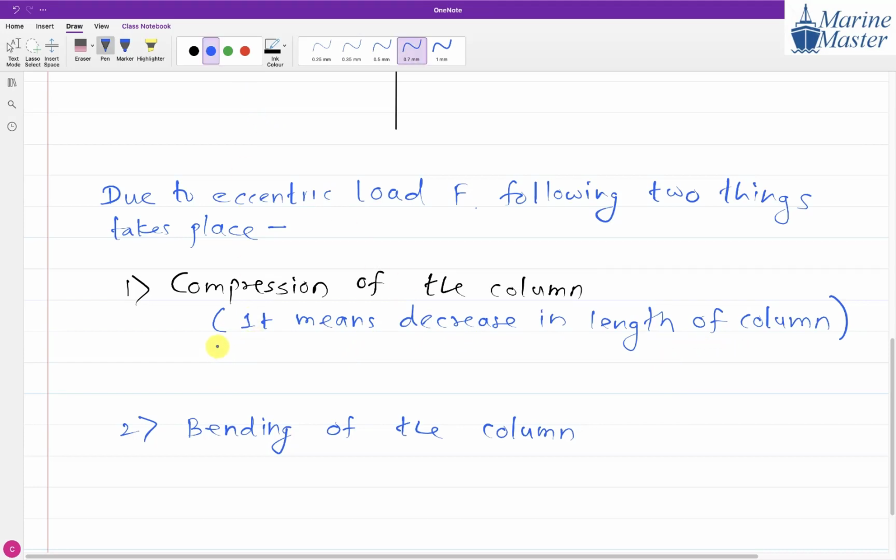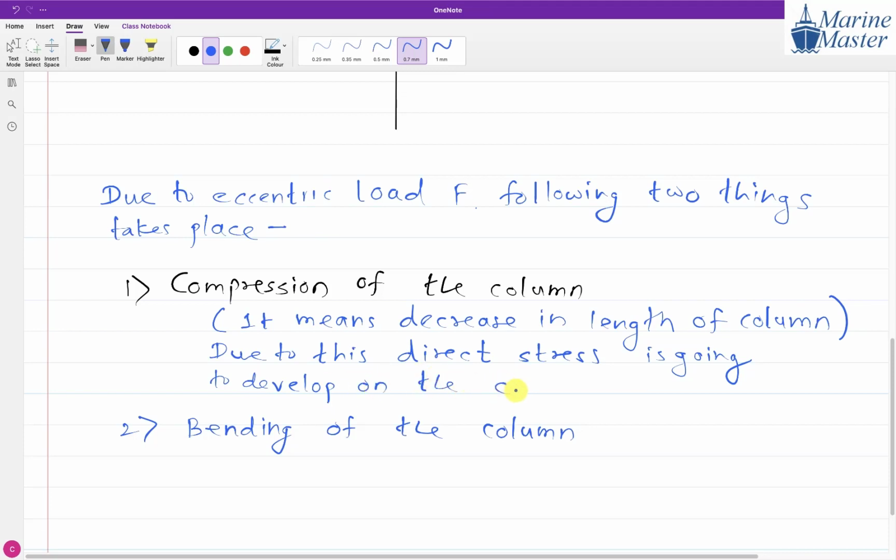Due to this, direct stress is going to develop on the cross section.